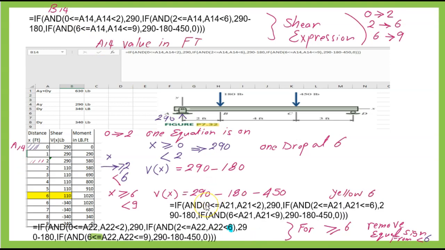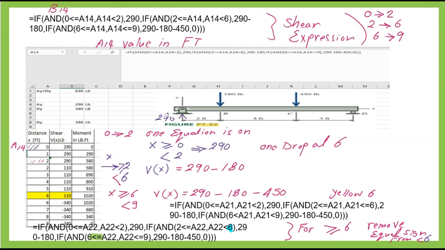In the next slide, we see the equation for the step for the first x equal to 6 value. To create the step at x equal to 6, we consider the term as smaller than or equal to 6. We use cell A21. If and, we open one bracket, A21 equals or bigger than 0, comma A21 less than 2, comma 290. Second statement, if and A21 bigger than or equal to 2, comma A21 less than or equal to 6.